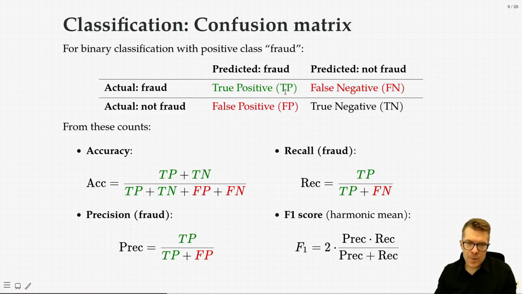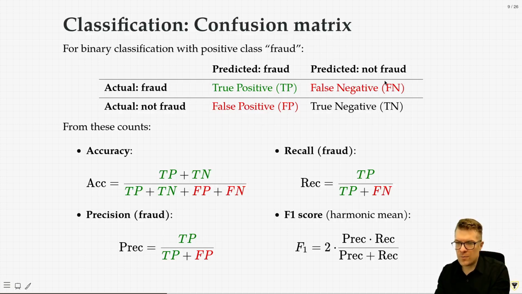A good mnemonic to remember as you go through this exercise of remembering what a confusion matrix is: the second word in each of these quantities is the label assigned by the model. The model is the thing saying that these are positives or negatives. As you go down this column, the prediction is fraud, a positive instance of fraud, so every element in this column is positive.